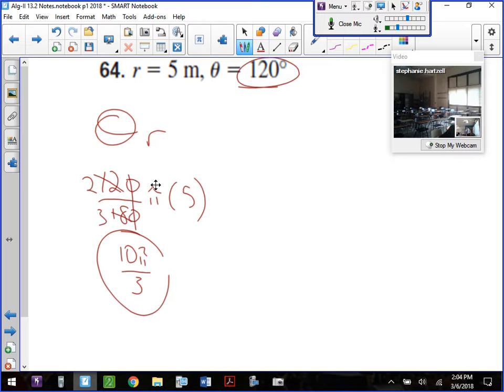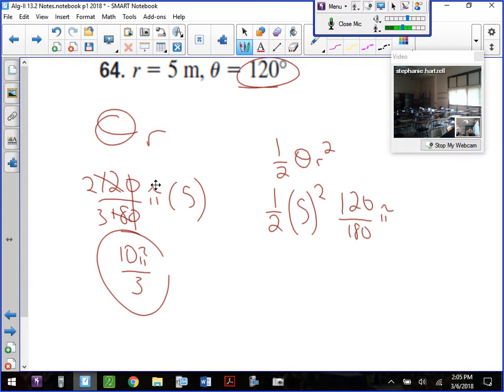Devin, you okay? Okay. And then I do the same thing with the other formula, 1/2 theta r squared. It's 1/2, and it was 5 squared, and then again 120 over 180 times pi, which we already knew wound up being 2/3.